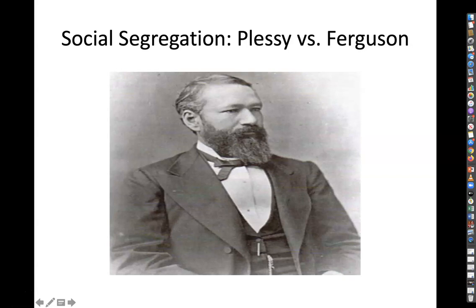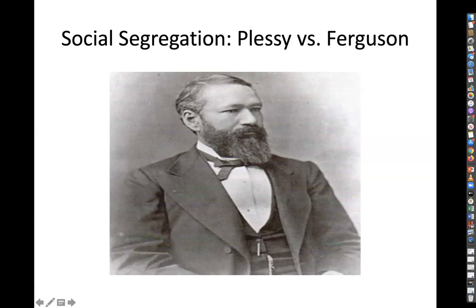But here they are in 1896, when this was decided upon by the Supreme Court, basically saying that racial segregation is okay, right? So this is certainly a stain on our legal history, needless to say, all right? The Supreme Court issuing such a law.